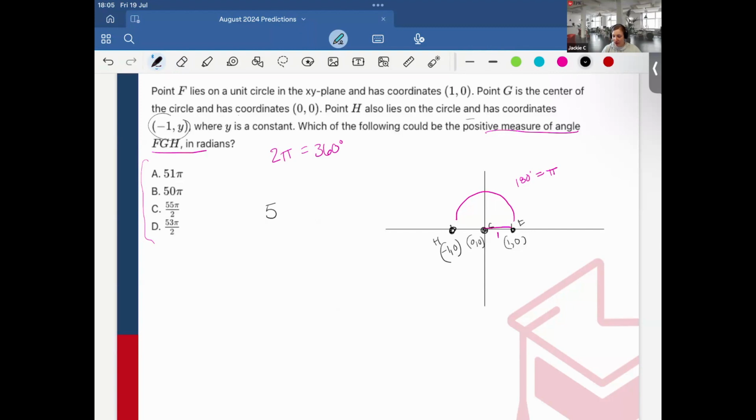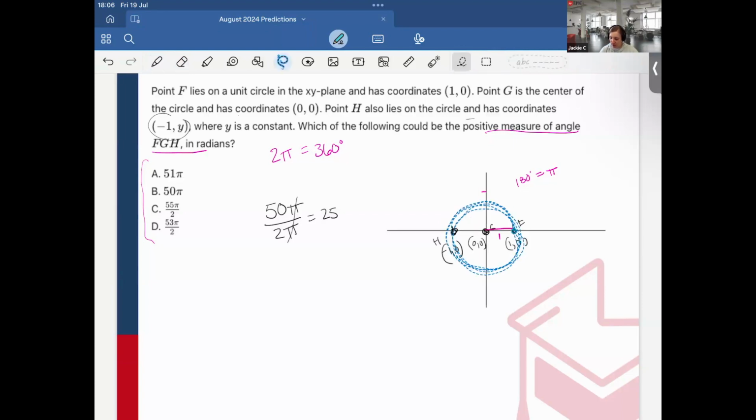So if I look at option choice B and I do 50 pi divided by 2 pi, this will give me 25, which means when I make revolutions from the starting point, 1 revolution, 2 revolutions, all the way until 25. So 25 revolutions takes me back here.